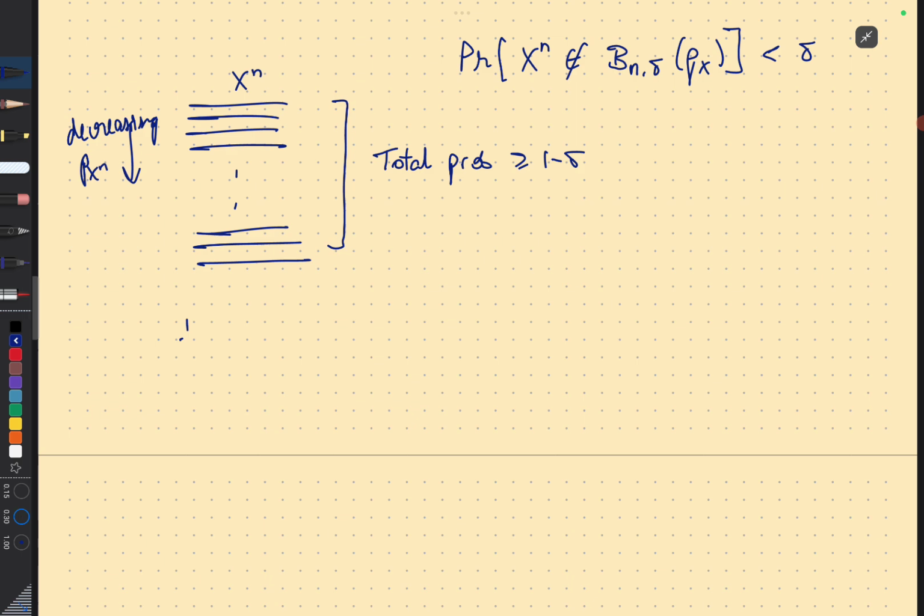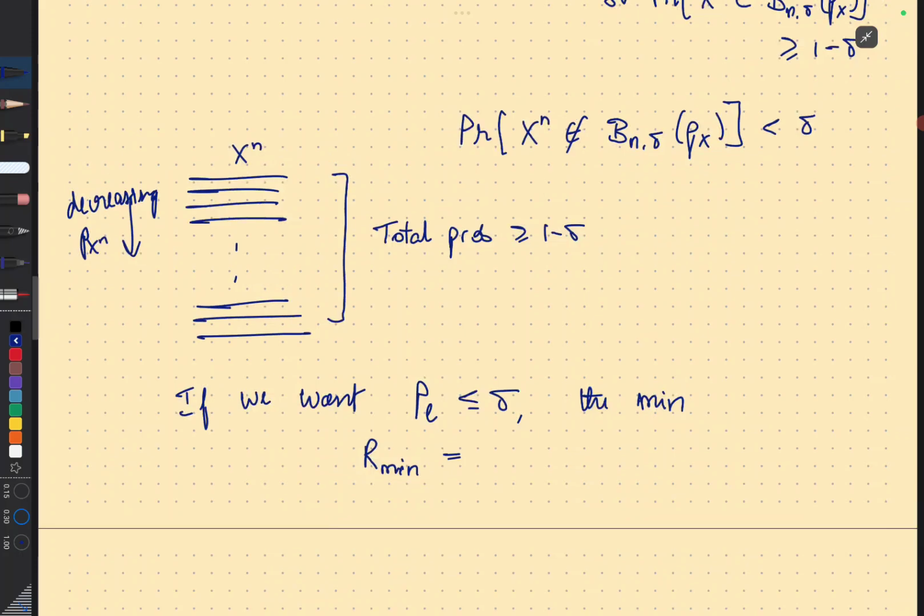So if we want the probability of error to be, say, less than or equal to delta, then the minimum compression rate, what would this be? In terms of B and delta, or whatever we've seen so far.